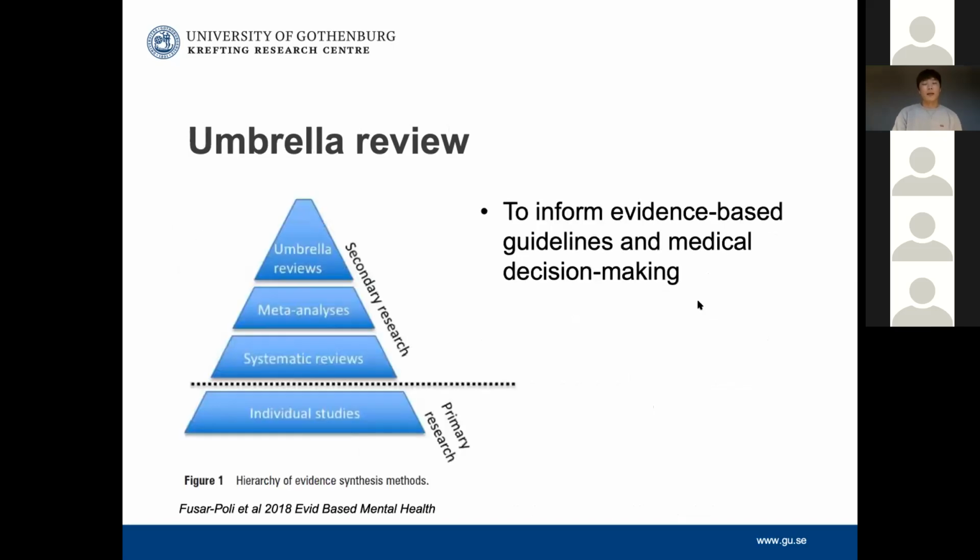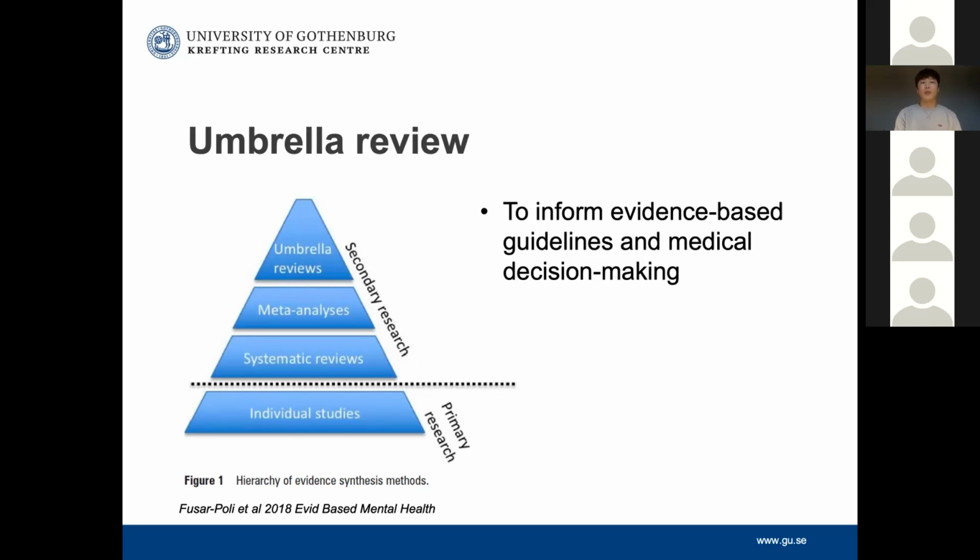So to answer the research question, in our umbrella review project, what an umbrella review does is summarize all the systematic reviews related to this question, and we evaluate the methodological quality and credibility of these systematic reviews.